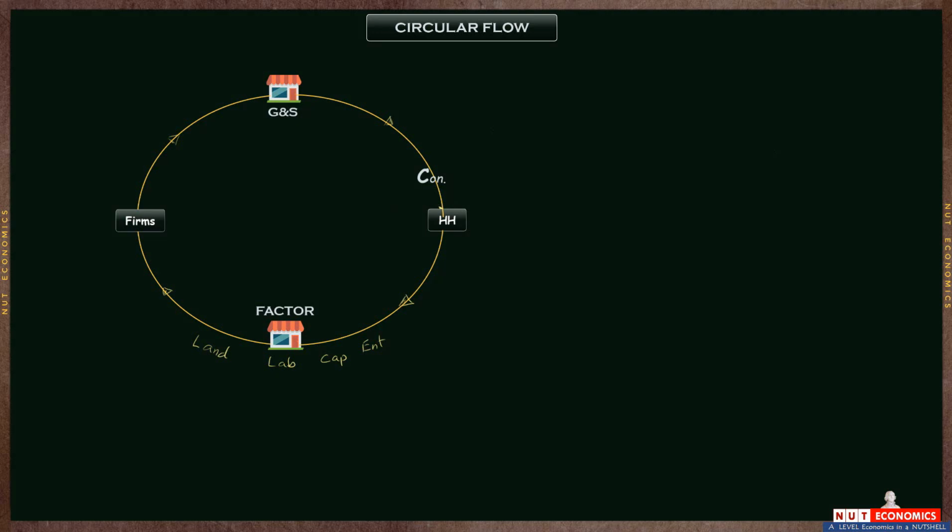Now, this circular flow, this neat little circle, is disturbed, but in a very useful way, because you have to remember that in the simple two-sector economy, I'm again and again saying that most of the country's total output is bought by the households. Most of it is consumed. But do remember that these firms have a dual role in the circular flow.